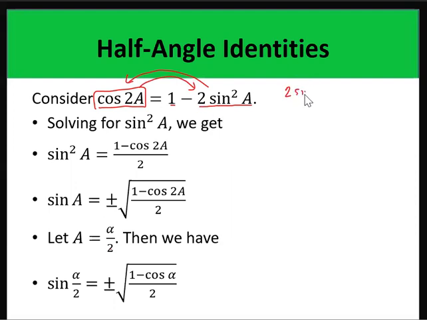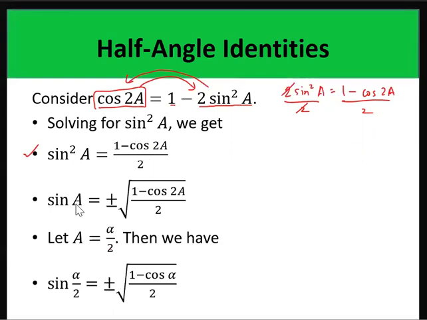So we get 2 times sine square A is equal to 1 minus cosine of 2A. And then dividing both sides by 2 will give us sine square A is equal to 1 minus cosine of 2 times A all over 2, which is this particular expression.